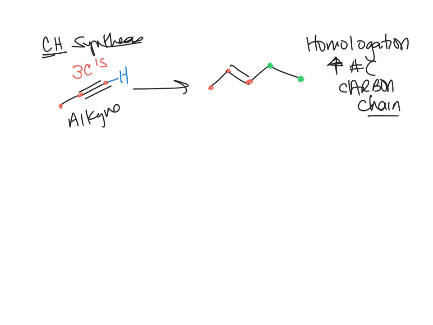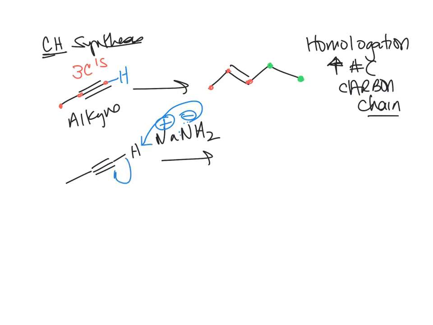So the way you need a strong base to deprotonate that hydrogen, and then you can look and you see that you have sodium amide. Okay, so that's sodium amide. The nitrogen is a negative, and that is going to deprotonate that acidic proton. Remember that pKa is 25, that's your acid. This is your base.